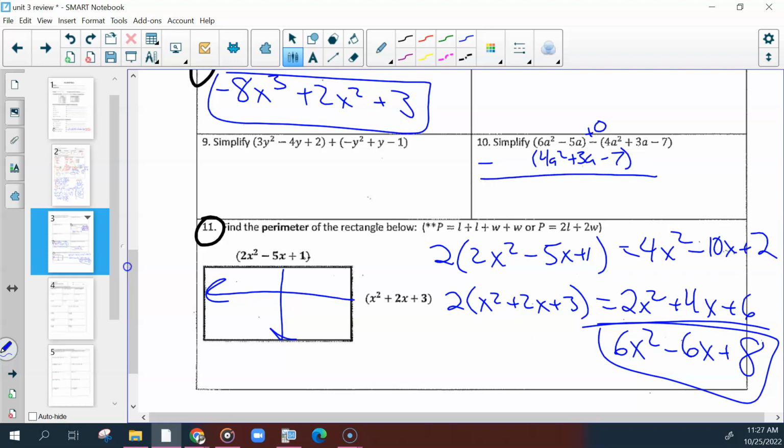6 minus 4 would give us 2. Negative 5 minus 3 would give us what? Double check that, because it's negative 5 minus 3. Negative 8. And then 0 minus a negative 7, what would that be?